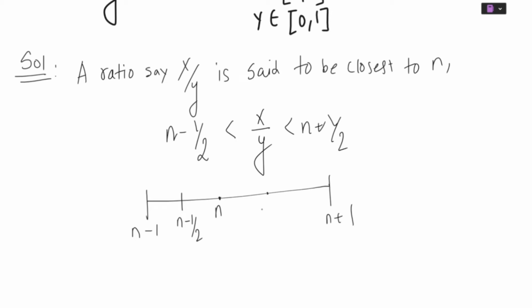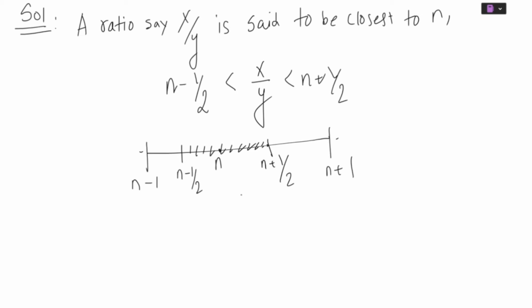Similarly, the middle point is nothing but n plus half. Now, the ratio basically can lie anywhere in this region. If it does, then its distance from n is always lesser than its distance from either n minus 1 or n plus 1. I hope my point was clear, how you can understand this from this simple diagram.